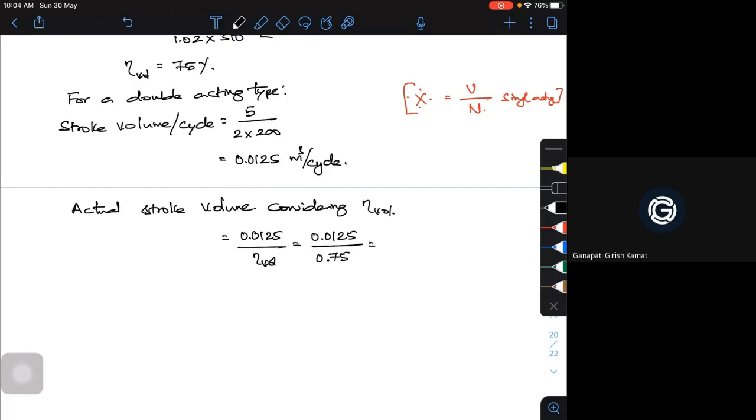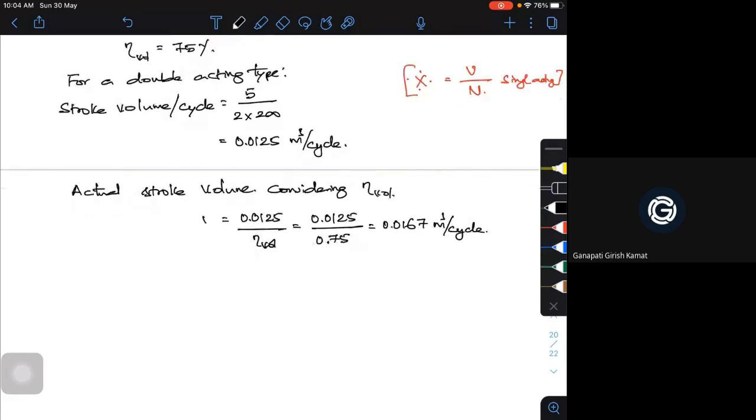So I am getting around 0.0166, so about 0.0167 meter cube per cycle. This is your actual stroke volume, Vs, and the earlier one we call Vs theoretical.